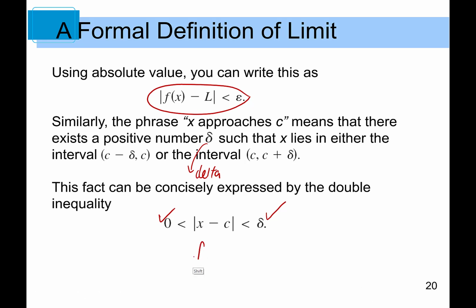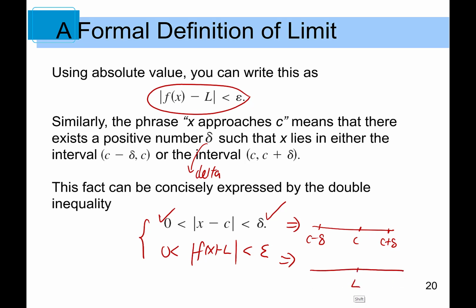Then the absolute value of f of x minus L is less than epsilon. It goes hand in hand. Meaning x approaches c, this is c, that's c minus delta, c plus delta. That's for the x value. For the y value, this is L. It's L minus epsilon. And the right hand side is L plus epsilon.